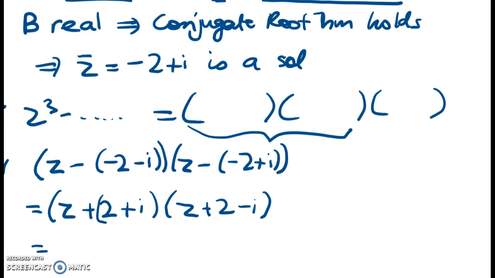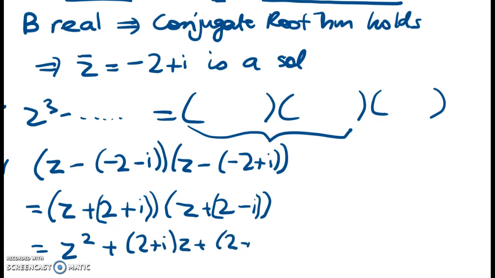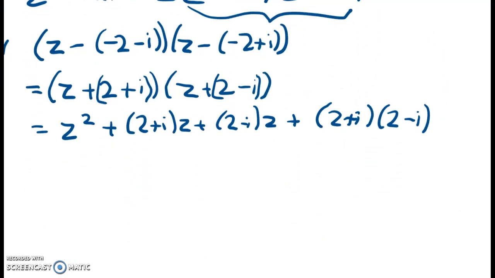So we can think of these together. And we get Z squared plus (2 plus I)Z plus (2 minus I)Z plus (2 plus I) times (2 minus I). This is the same pattern we get whenever we use the conjugate root theorem. So this should feel pretty easy if you've done enough practice during the year.